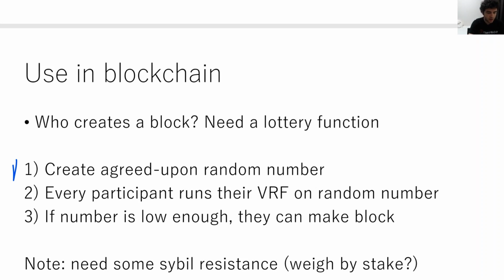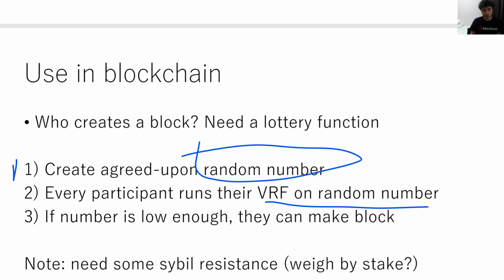So the first step would be, imagine you have 100 people, you create an agreed upon source of randomness. And then every block, every participant runs the VRF on some agreed upon input, and then everybody gets a result.